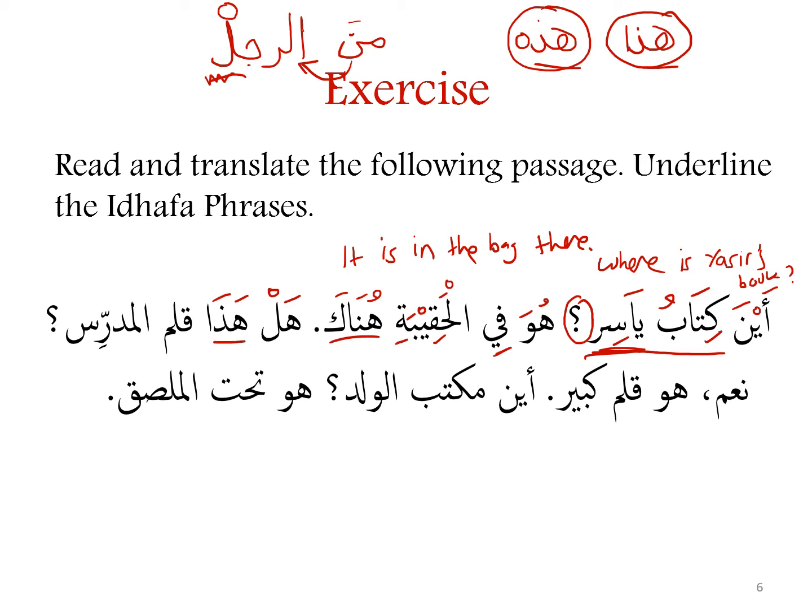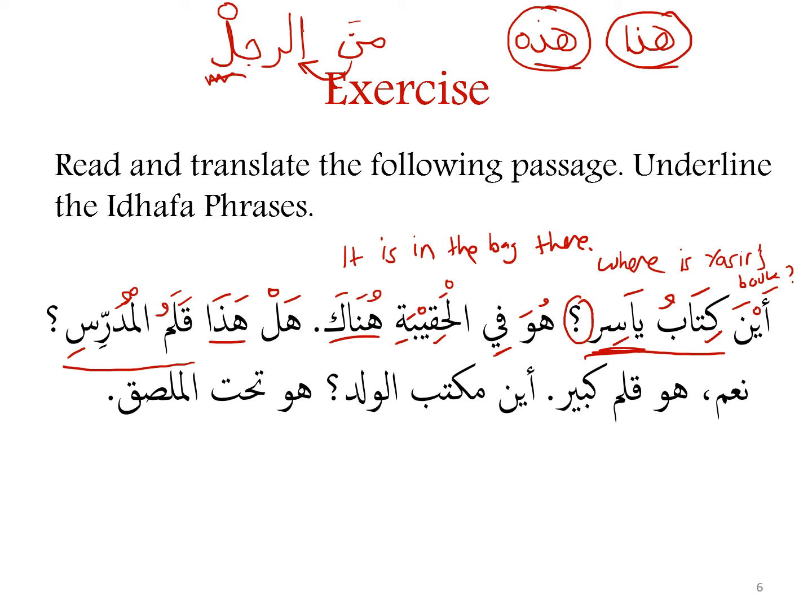هذا, we should recognize that straight away. Now, this is looking like an idhafa phrase. Why? Because we have a word without an alif lam, and we wouldn't have a tanween here. And a second word here can have an alif lam, but we're obviously trying to say قلم المدرس, mudarrisi.